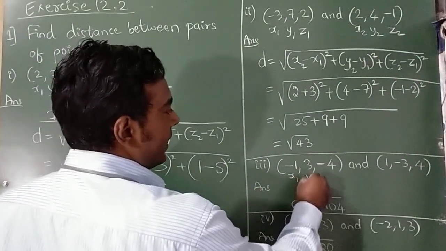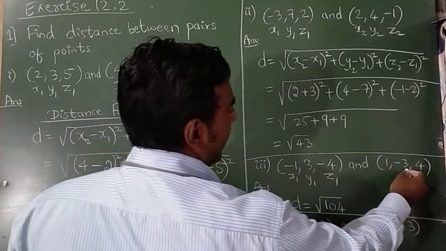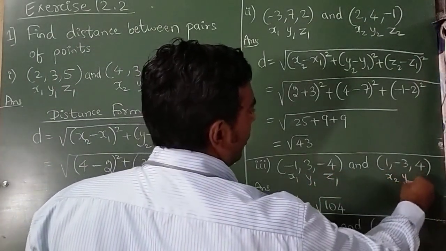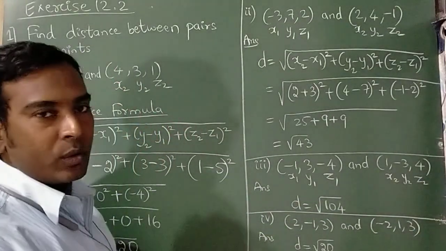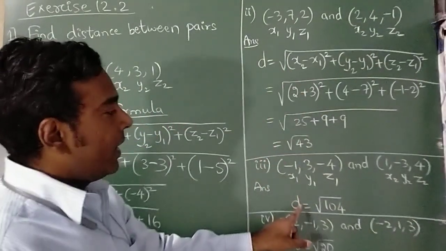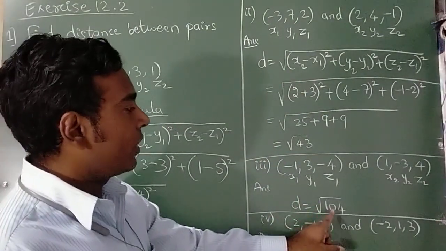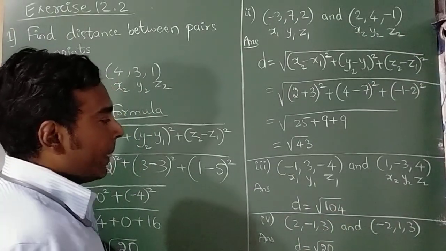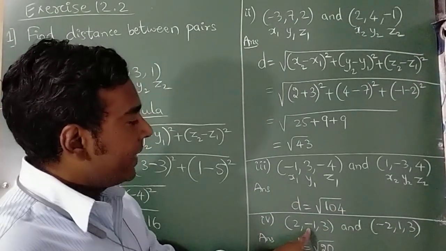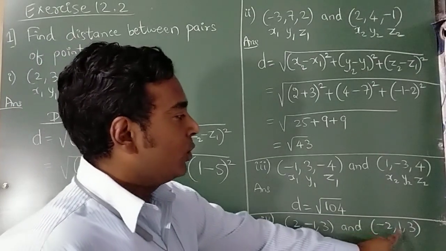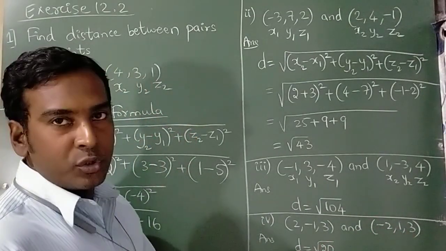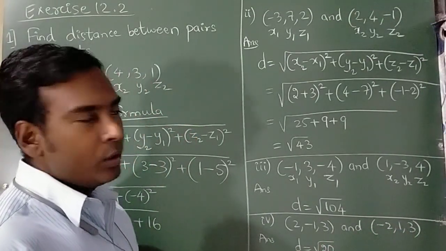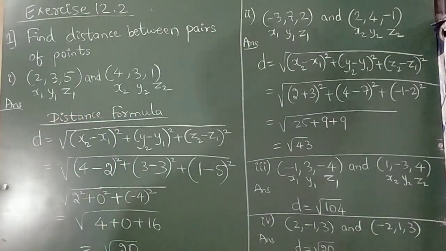So this is x1, y1, z1. 1, minus 3, 4, this is x2, y2 and z2. Substitute in this formula and you will get the answer as square root of 104. Now the fourth question, 2, minus 1, 3 and minus 2, 1, 3. Okay, so you should get the answer as d is equal to root 20.